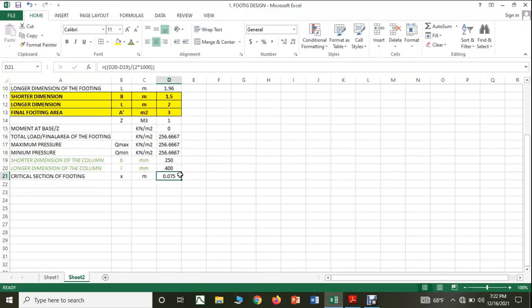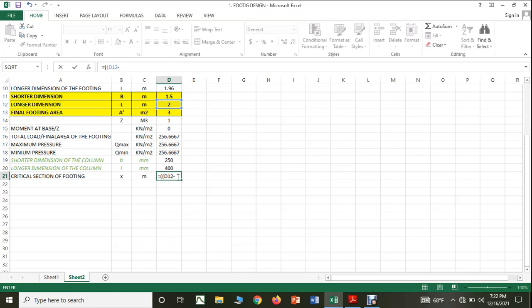So learners, I made a mistake, so let me remove this. Equals longer dimension of the footing minus longer dimension of the column. But you know the longer dimension of the footing is in meters, while my longer dimension of the column is in mm.